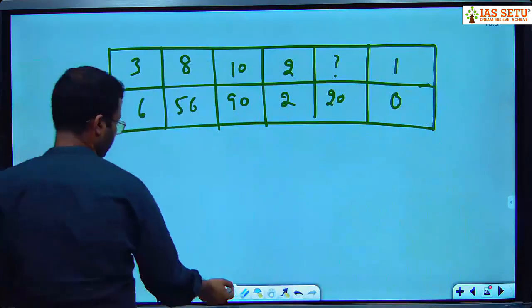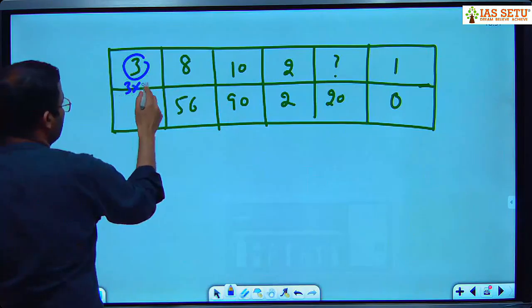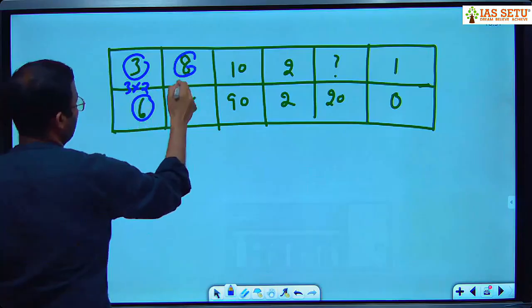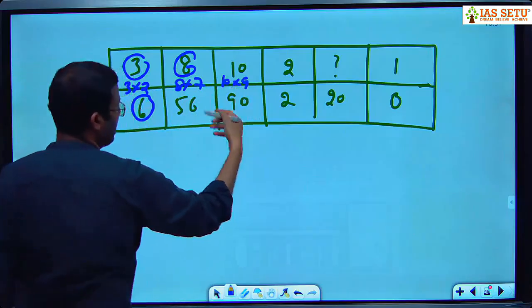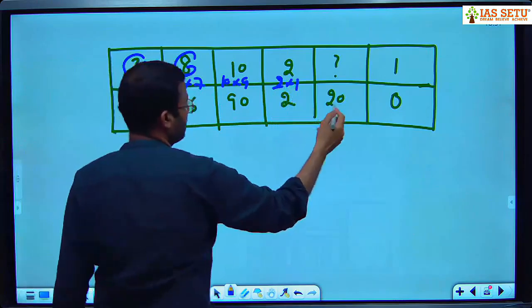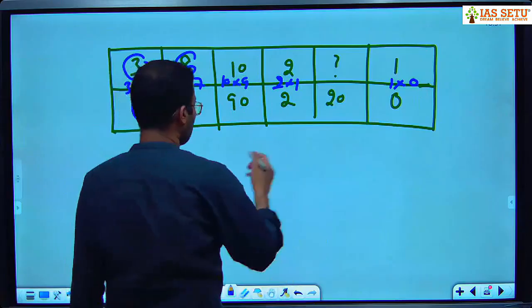Okay. 3 multiply with 2. 8 multiply with 7. 10 multiply with 9. 2 multiply with 1. 1 multiply with 0. So use answer option.